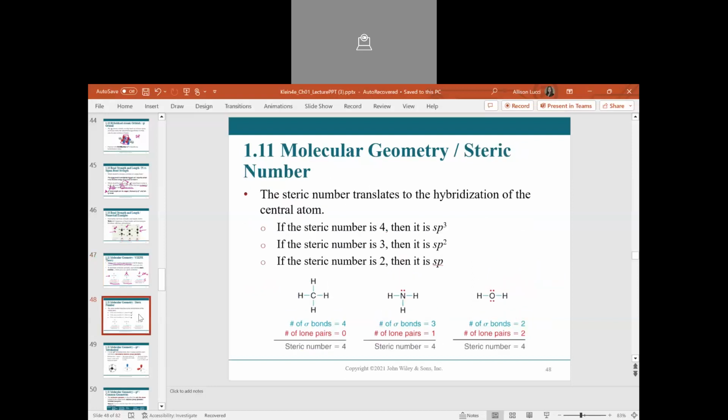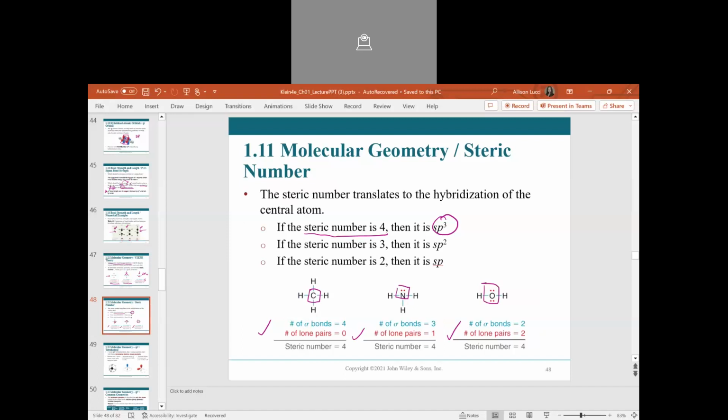Hopefully you remember some of this information from general chemistry, but it's definitely a good idea to review if you don't. Now we're going to look at all the steric numbers here. Steric number 4 is up first, so we have all 3 of these molecules that we looked at on the last slide listed down here. We have sp3 hybridization of this central atom, whether it's the nitrogen, the carbon, or the oxygen.